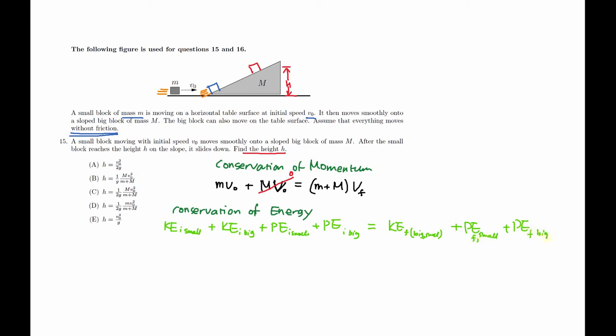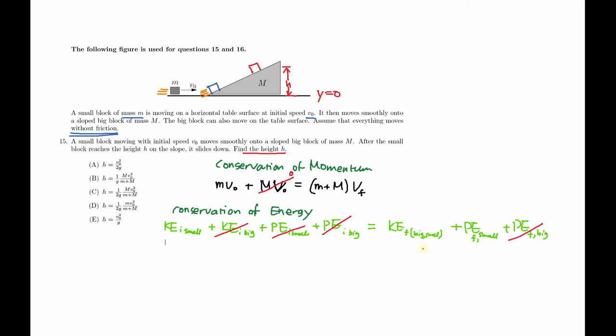What you notice is that the big block is only moving horizontally, therefore we can cancel out the potential energy of the big block, and the big block was not moving initially, so you can cancel that out as well. The potential energy of the small block is zero if we call y equals 0 our ground, so that also reduces to 0. That gives us only three components.